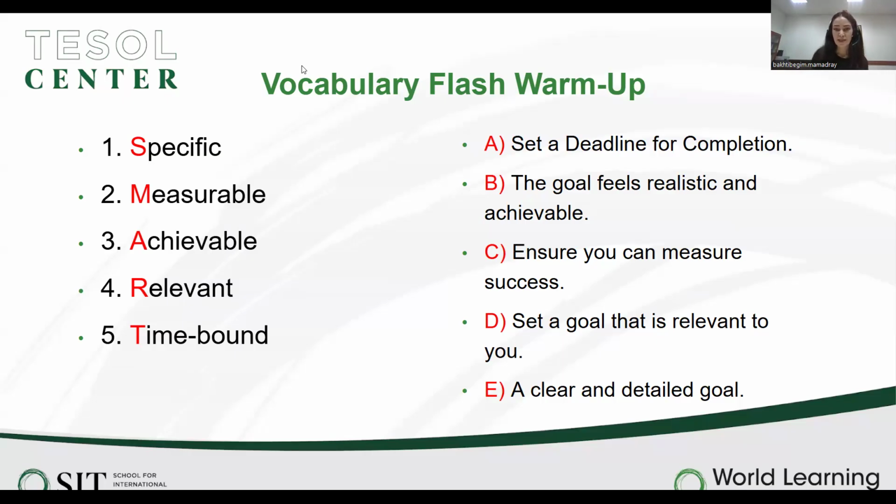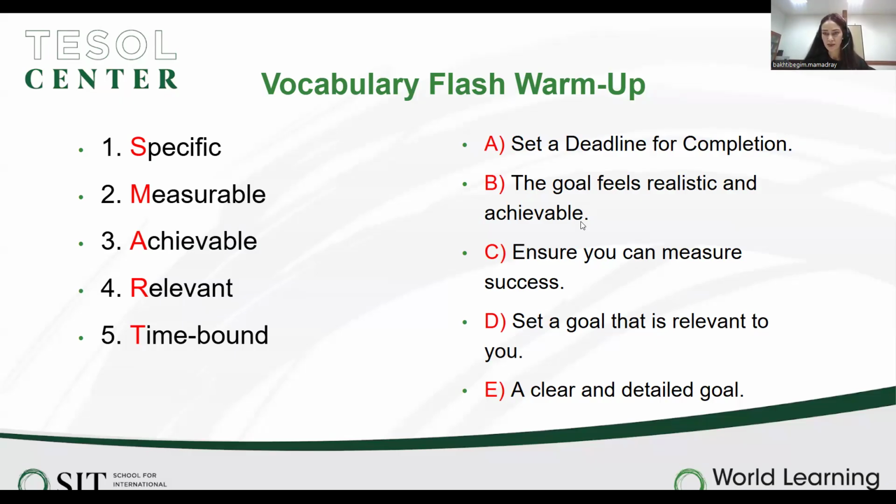The goal feels realistic and achievable. Yes, 2 is C, you are right. Because it ensures you can measure success, 5 is A. Time bound, set a deadline for completion.